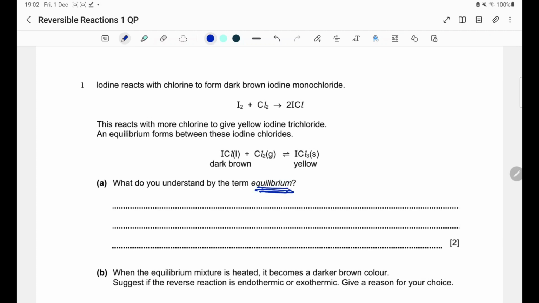This is a very, very common question. It'll always come for 2 marks. Therefore, you should have the definition embedded in your head. What is meant by the term equilibrium, and this I covered in the chemical equilibrium video itself, is that the rate of forward reaction is equal to rate of backward reaction.